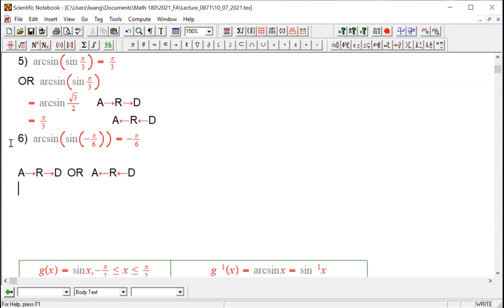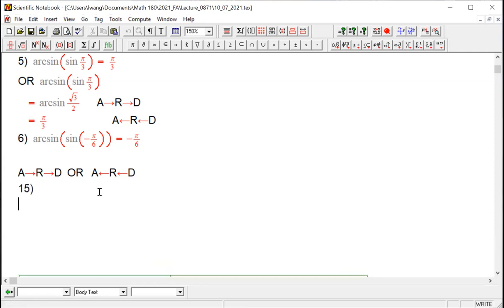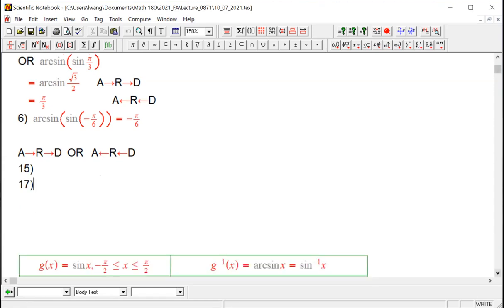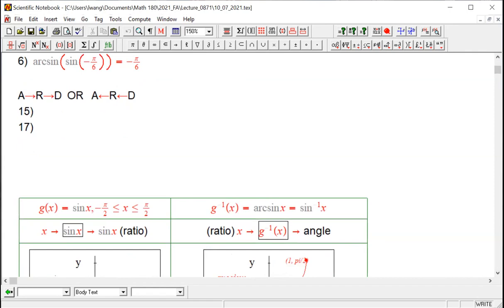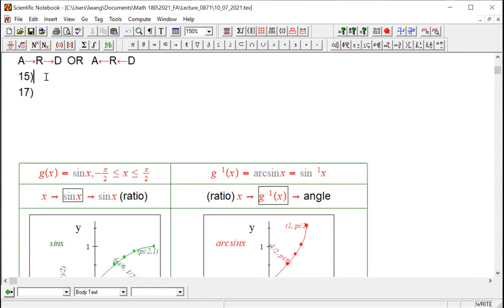This time, we're going to look at number 15 and number 17. Are you guys ready? I'm going to do this pair, but I want you guys to be involved. And then we're going to select 2 other questions and work them in the breakout rooms, where you work on it individually, and then we meet up, okay?